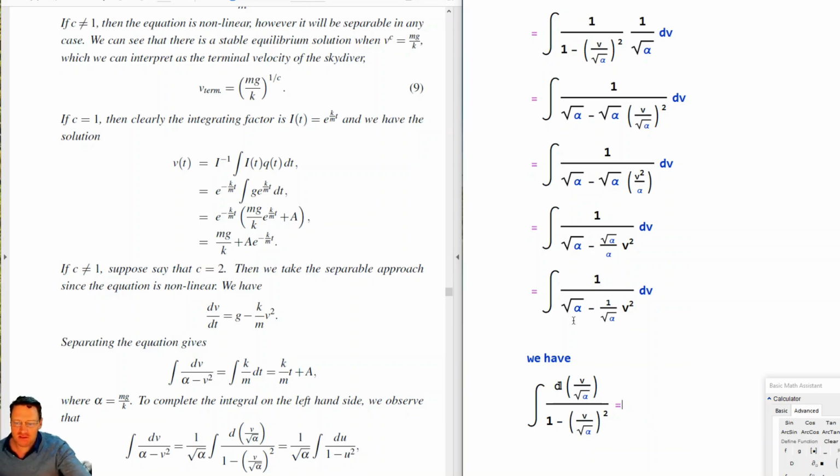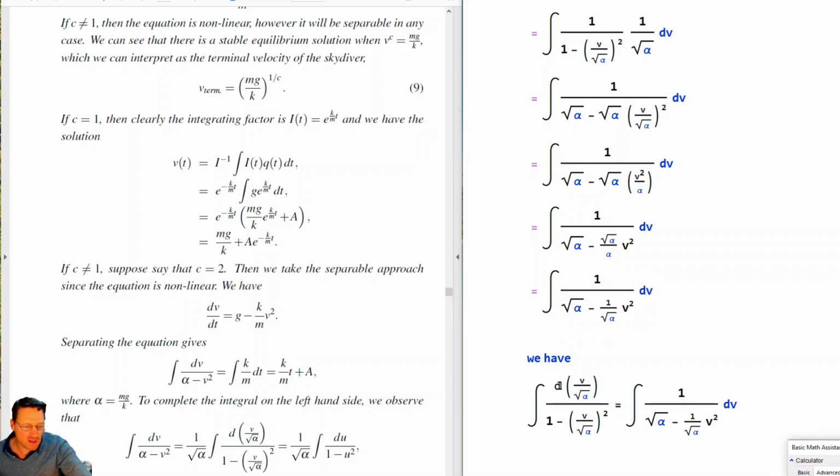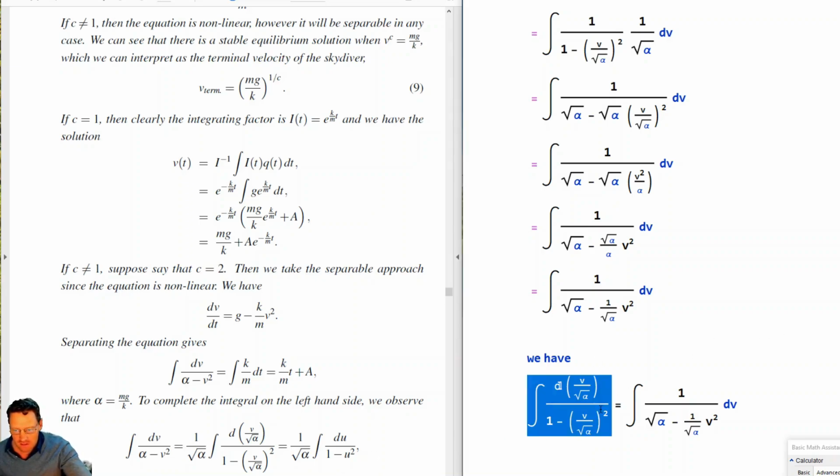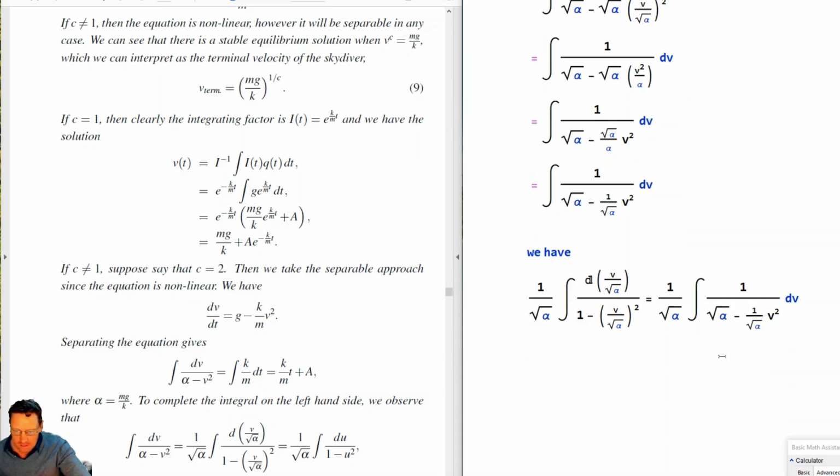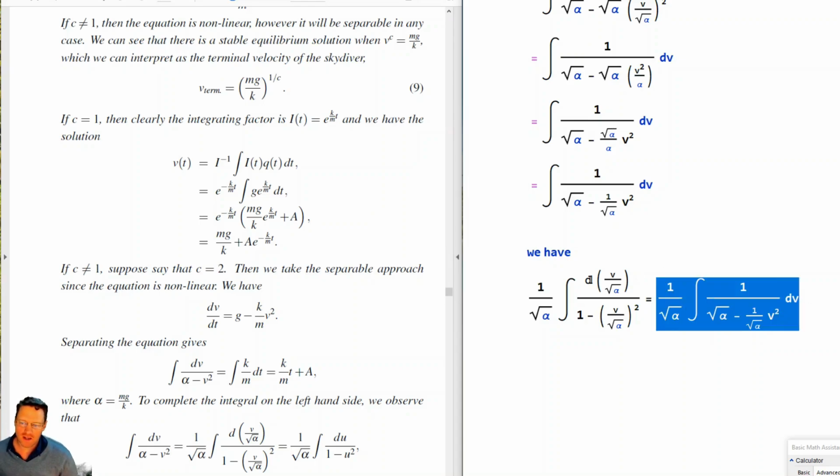So we've shown that this is equal to this one, okay? But you notice here that what we have in the middle here is 1 over root alpha times this on the left. So let's go ahead and multiply throughout by 1 on root alpha. Okay, and then simplify the result here on the right hand side.